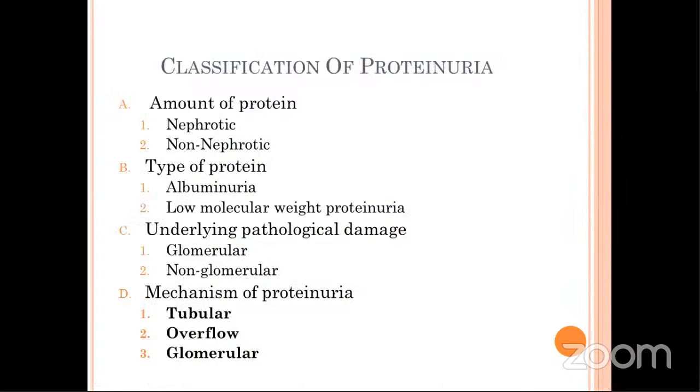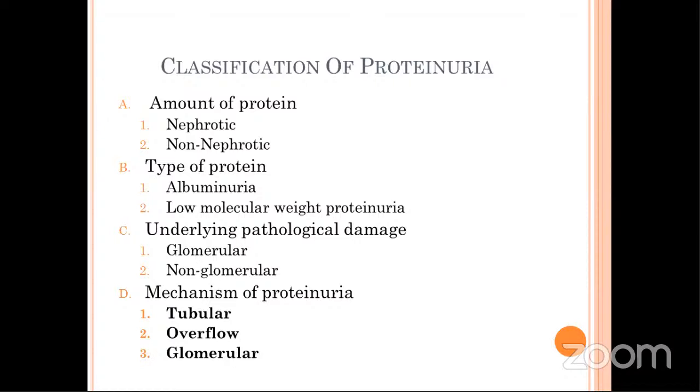To classify proteinuria, there are various ways. One is based on the amount of protein, which is again divided into nephrotic and non-nephrotic. Then the type of proteinuria: we would have exclusively albumin, that is albuminuria, and then low molecular weight proteinuria.